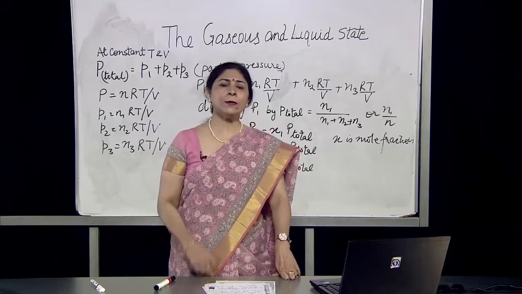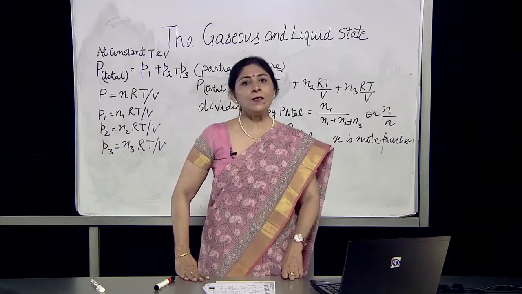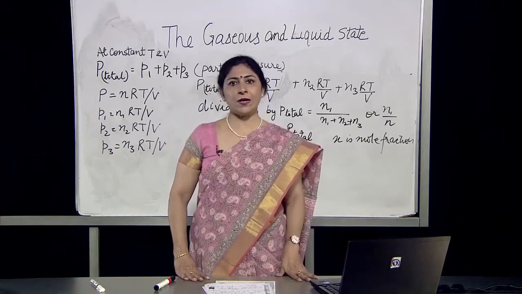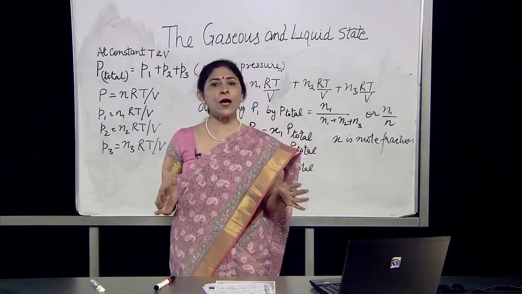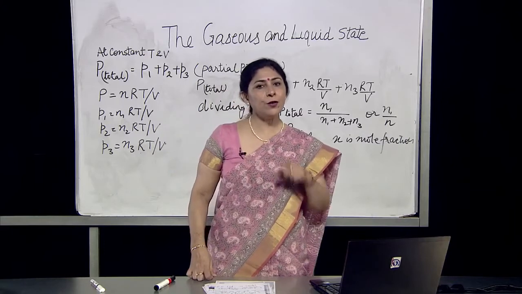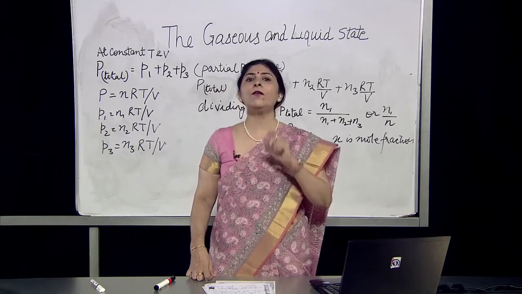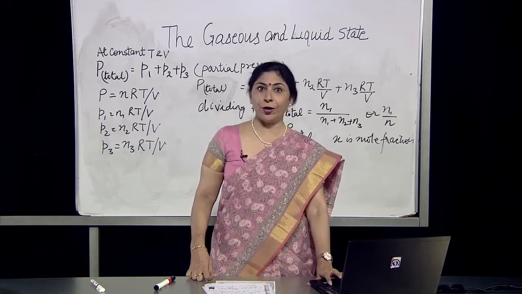We can describe this by taking the example of compression. The volume available is very high, and because of that we can compress the gas. So you can relate compressibility with the second postulate of kinetic theory.